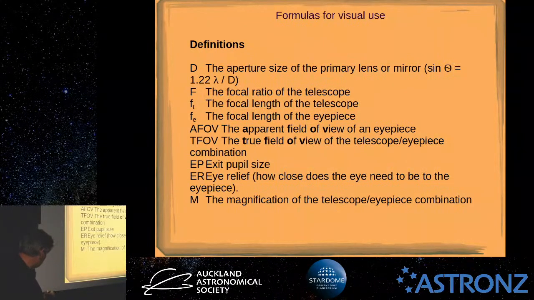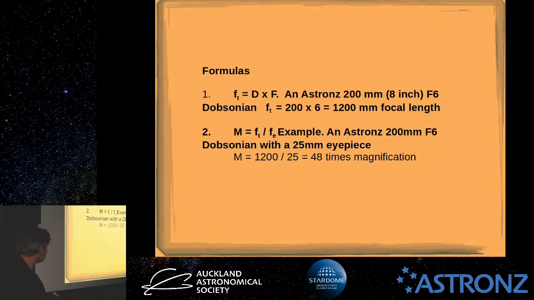Another term is M, which is just the magnification. And some formulas: the focal length of the telescope is the diameter of the mirror times the focal ratio. I should actually put this document up on the website so you can refer to it. Here's how you calculate the magnification: you take the focal length of the telescope and divide by the focal length of the eyepiece.